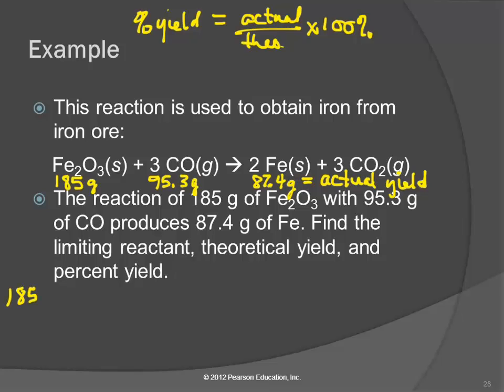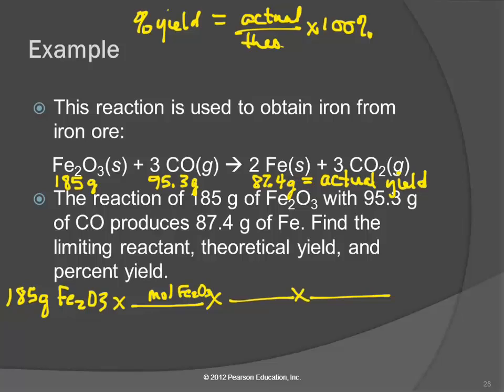185 grams of Fe2O3. Grams to moles to moles to grams. So we're going to have 3 conversion factors here. Grams of Fe2O3 to moles of Fe2O3 to moles of Fe to grams of Fe.